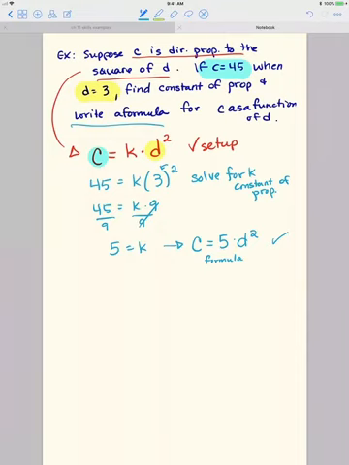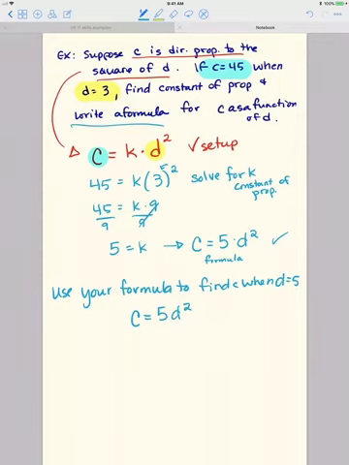Then you could use that formula to find c when d equals 5. We have all the things that we need to substitute in what it wants us to find. So when d equals 5, we'll just take c equals 5 times the value of 5 squared.